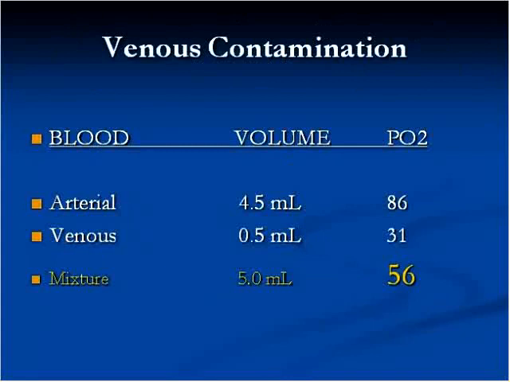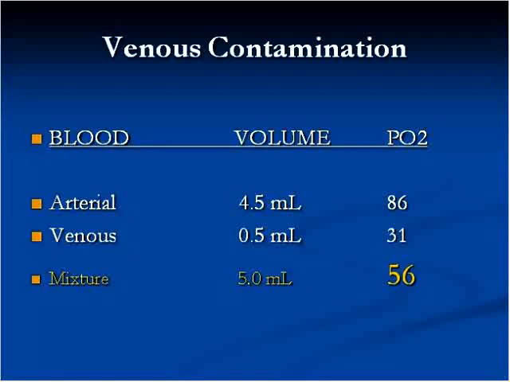I thought it was interesting. I saw these numbers in an article, with arterial blood being 4.5 milliliters. Now, this was just a research study. You wouldn't draw that much blood, but 0.5 milliliters of venous with the PO2 not unlike one of the ones we just saw on the prior slide.